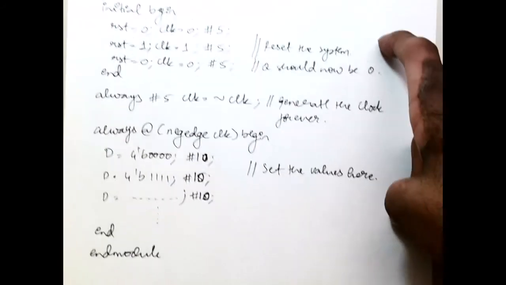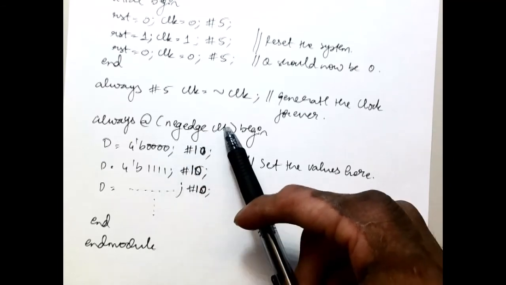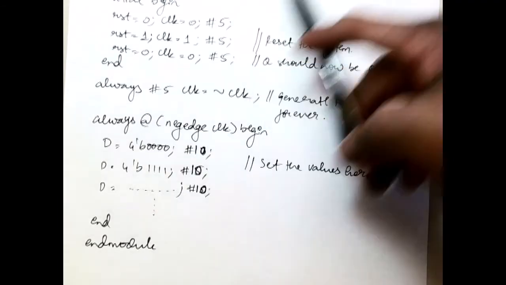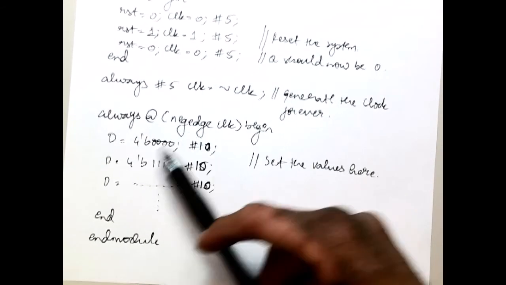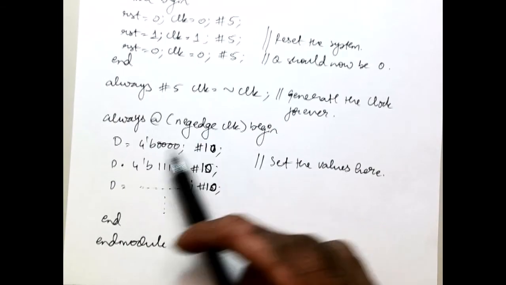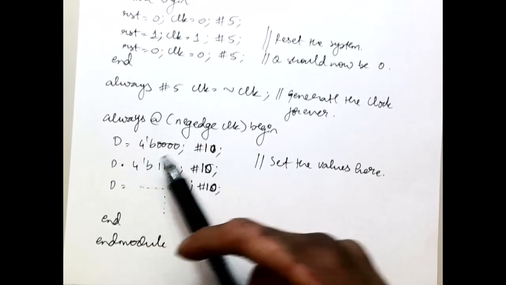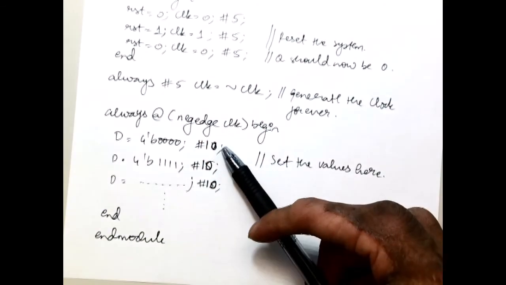The other way is that you monitor the negative edge of your clock. Because my design is working on the positive edge, you monitor the negative edge of the clock, and on the negative edge, you set the value of your data. So on the first negedge of clock, I set the value of data to be zeros. My time period is 5, so I wait for 10.